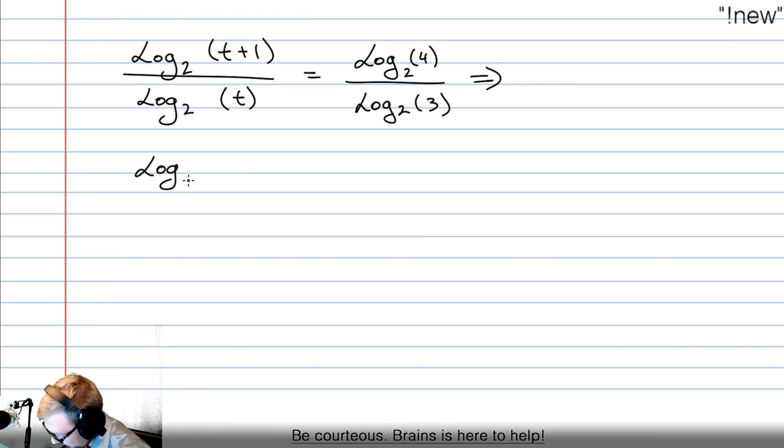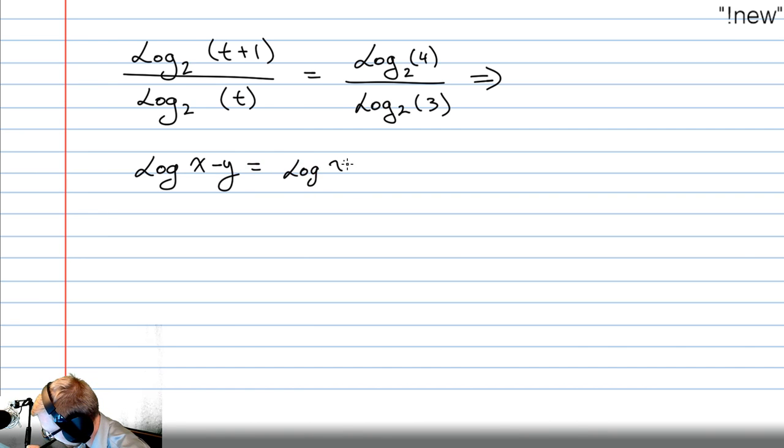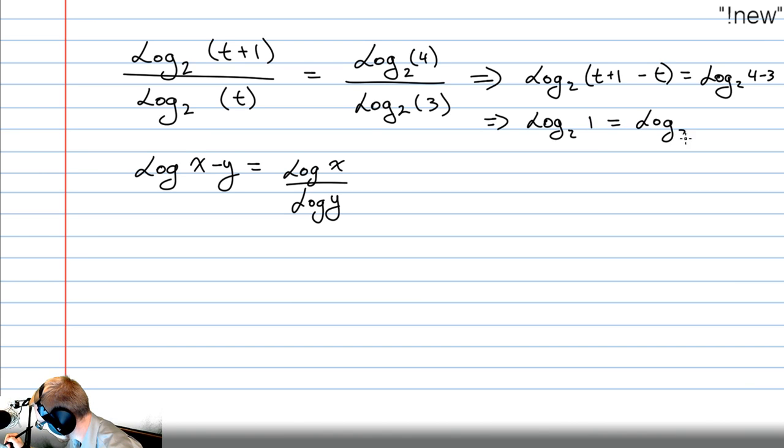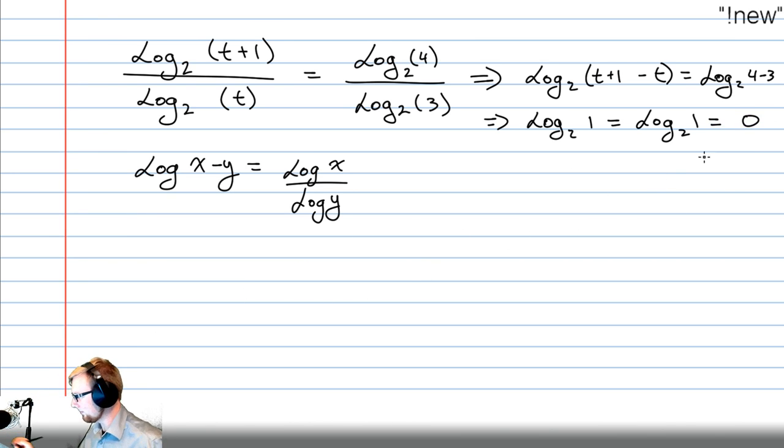Log of x minus y is equal to log x over log y, which means we've got log base 2 of t plus 1 minus t equals log base 2 of 4 minus 3, which then implies that, well, the t's cancel out, so we'd have log base 2 of 1 equals log base 2 of 1, which equals 0. Find the error.